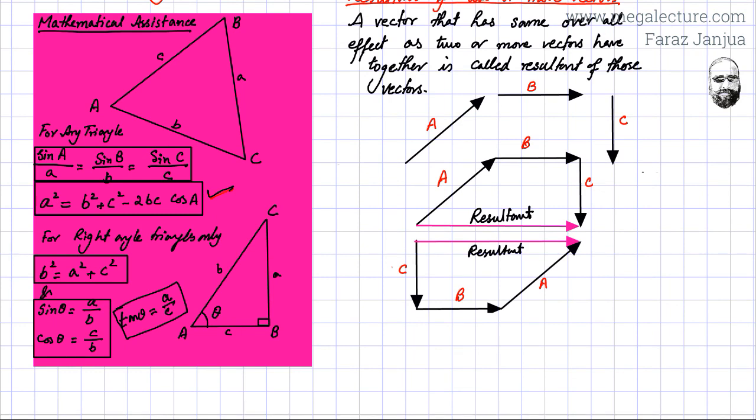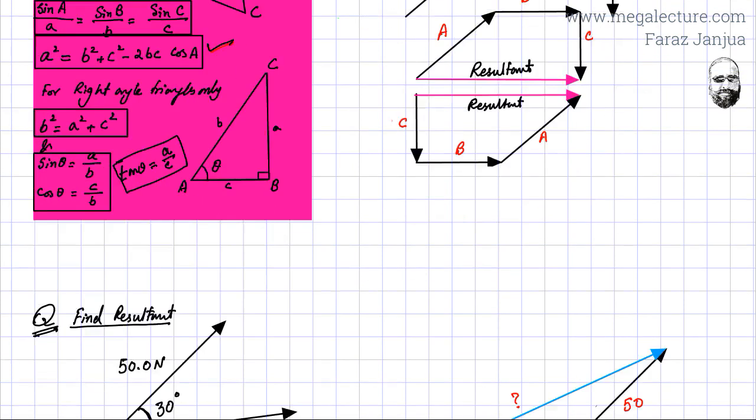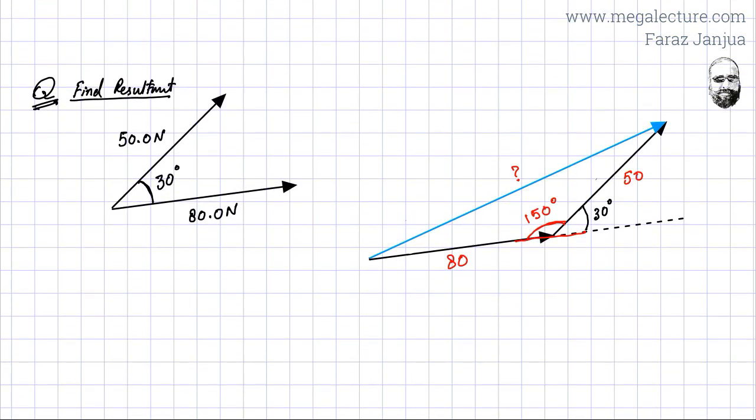Do we have that stuff over here? Yes, we do. We know this side, we know this side. We are looking for this one. And the angle opposite to the side is also given. So put everything in your calculator. The side that we are looking for, or I should not be using A for this one, I should use R for the resultant.